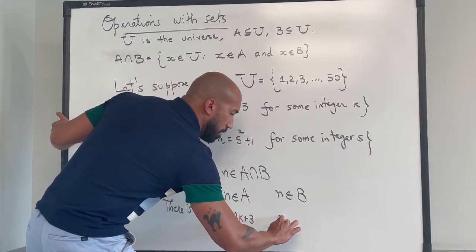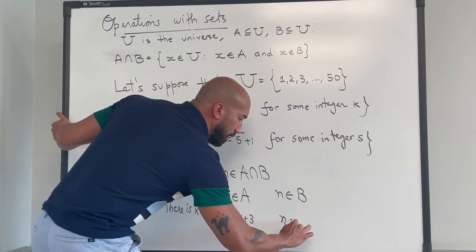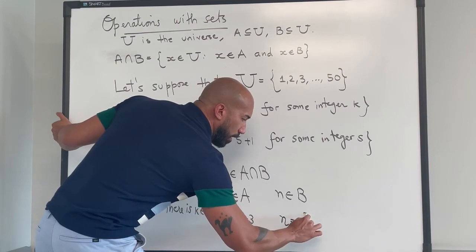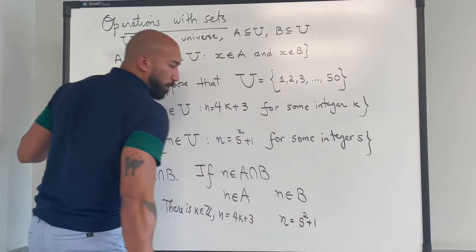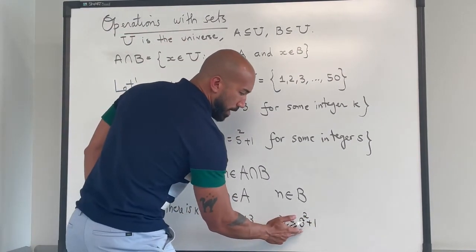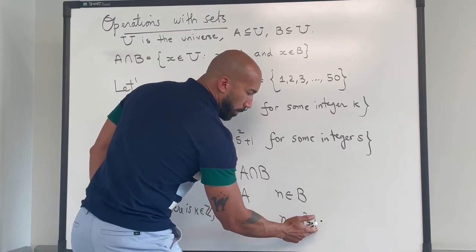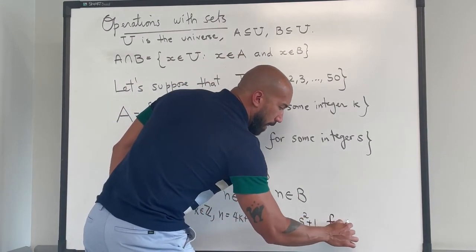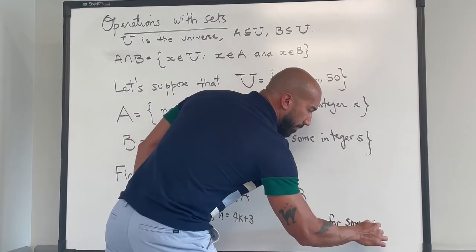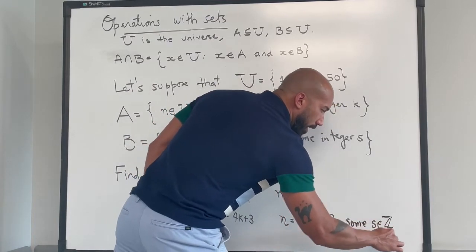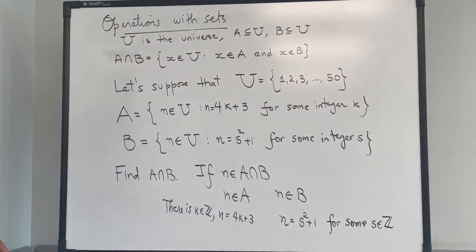And if n is in B, then we can say that n is the following of some perfect square. So n is going to be s squared plus 1 for some integer s. Okay?